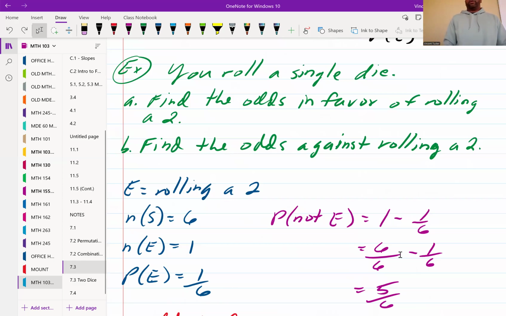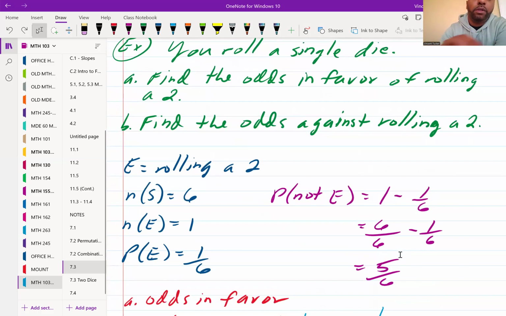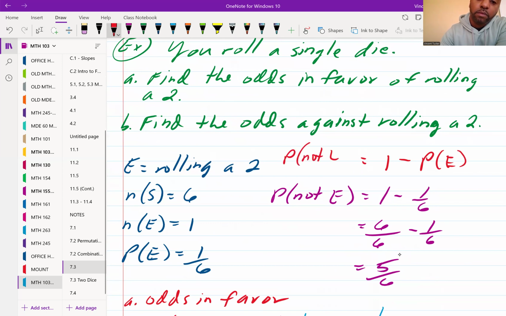The way we can do that is subtract the probability of my event from 1. So in other words, the probability of my event not occurring, I would do 1 minus the probability of my event. And that's what I did down here.